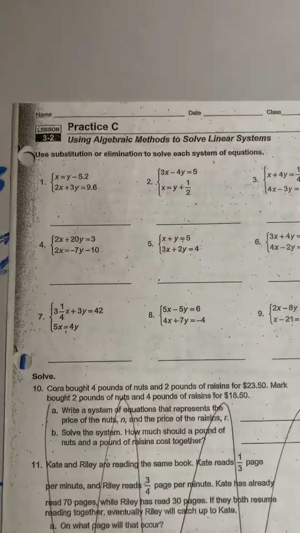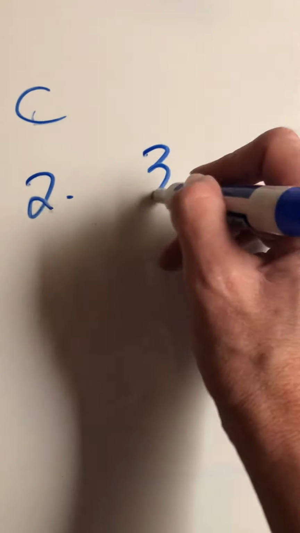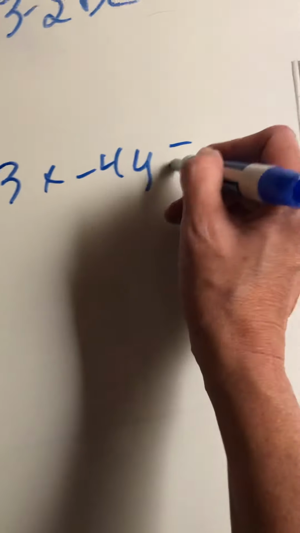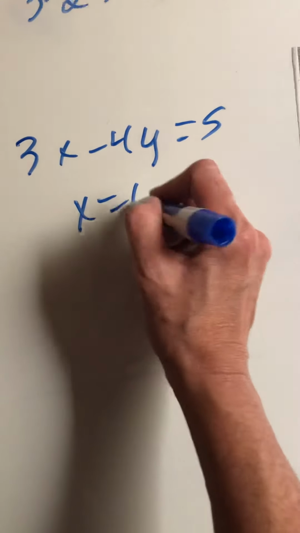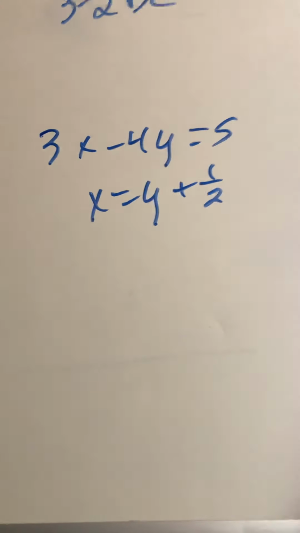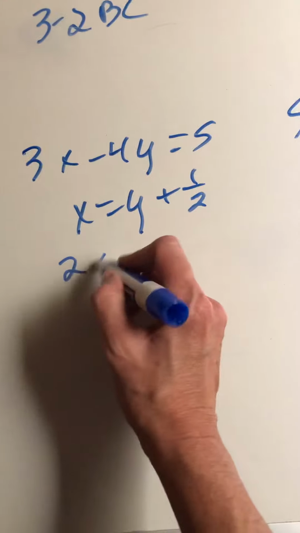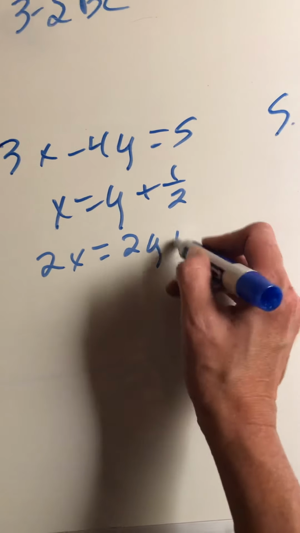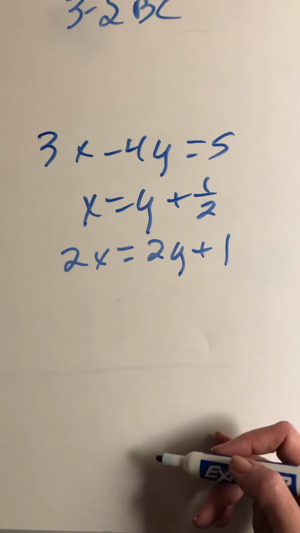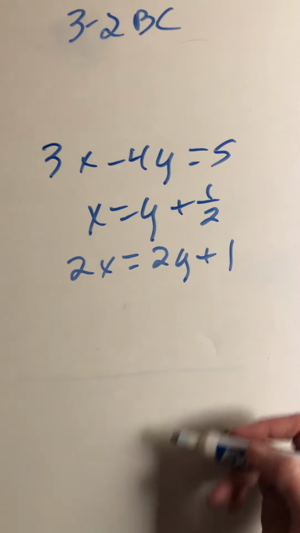I would try to get rid of the fraction, so this is side C, number 2. 3x minus 4y equals 5, and x equals y plus 1/2. So on the bottom one, I would multiply everything by 2, like 2x equals 2y plus 1. That's just getting rid of the 2.